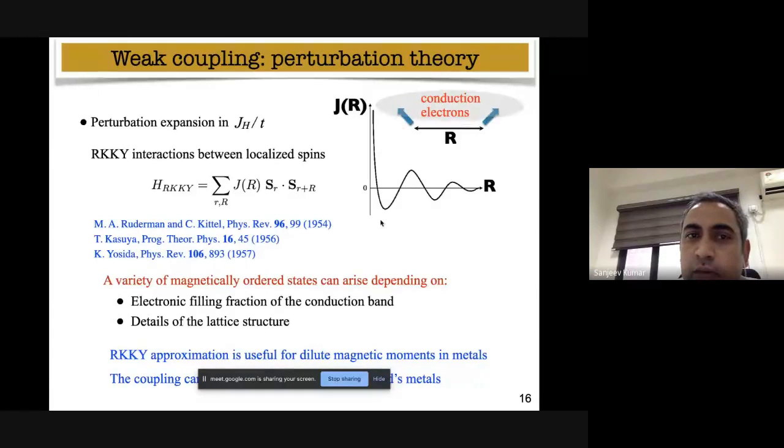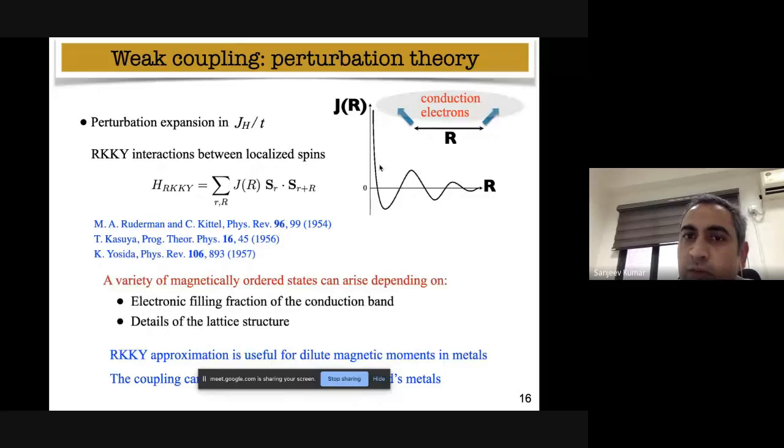This RKKY theory is nothing but a perturbation theory in JH by t of the Hamiltonian that we had written down. Within the RKKY theory, the Hamiltonian would look like this: a spin at location R is coupled to a spin at location R plus R, and the coupling constant is a distance dependent object.